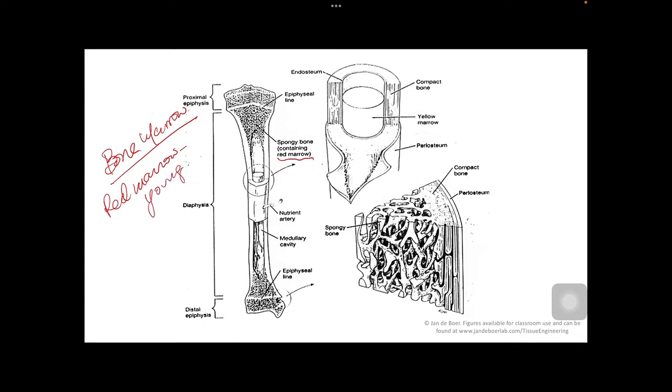However, as time progresses, it becomes yellow in adults. And yellow marrow is basically a reservoir for adipose or fat storage.